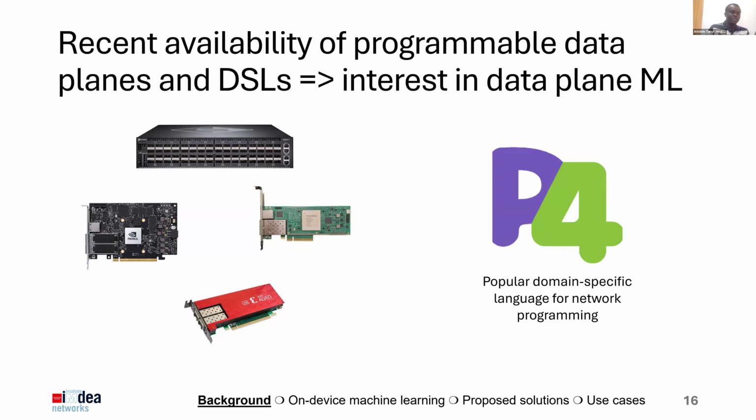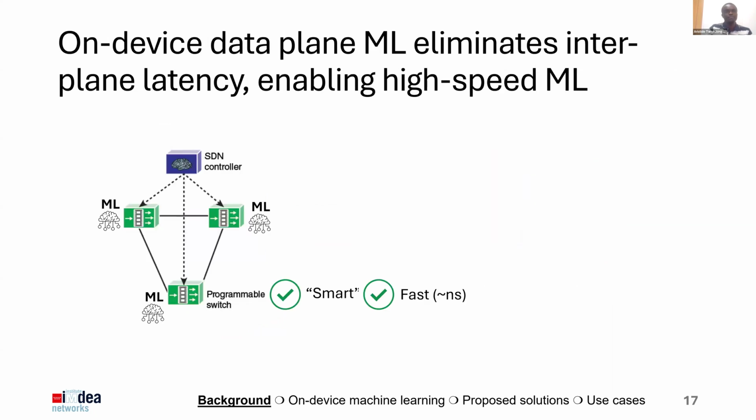So with the availability of these programmable devices and languages like P4, there has been a lot of interest in offloading applications from the control plane to the data plane, including machine learning, which is why we're going to be talking about on-device machine learning, which is basically bringing machine learning into devices like the ones we are showing here, switches and smart network interface cards.